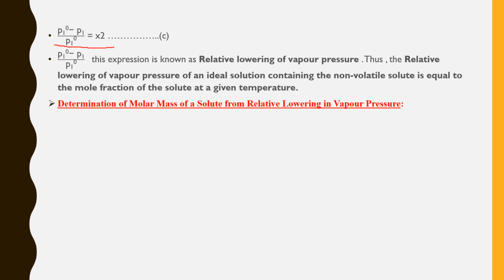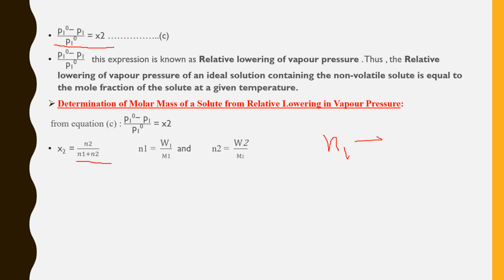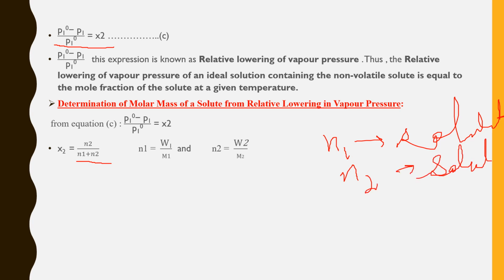So for the determination of molar mass of solute from relative lowering of vapor pressure, in this equation C, x2 is present. x2 means mole fraction, and the mole fraction of solute will be equal to the number of moles of solute, that is N2, divided by the number of moles of the solution, that is N1 plus N2, where N1 is the number of moles of solvent and N2 is the number of moles of solute. It must be clear that we are using 1 for solvent and 2 for solute.